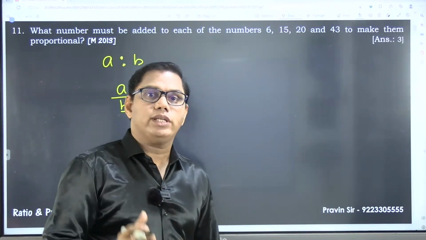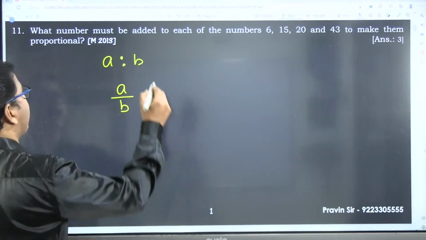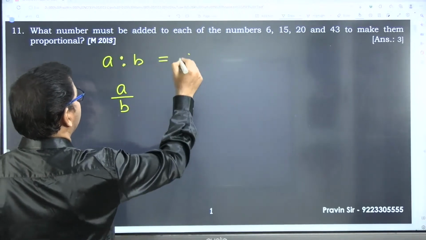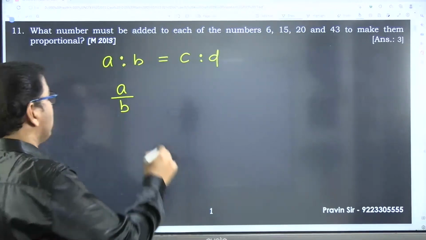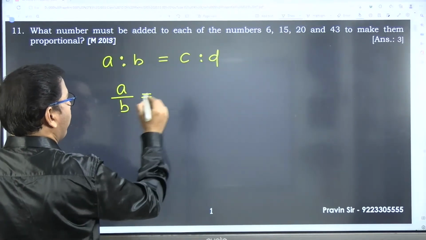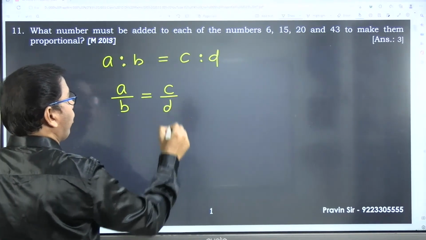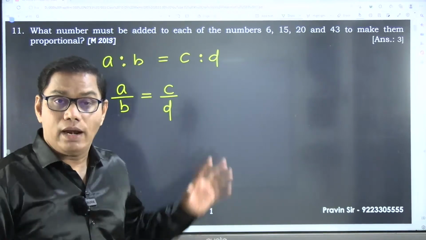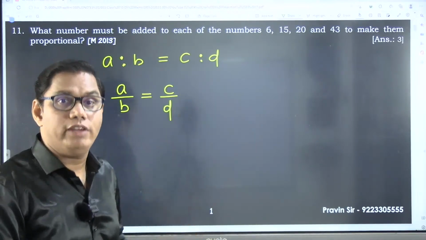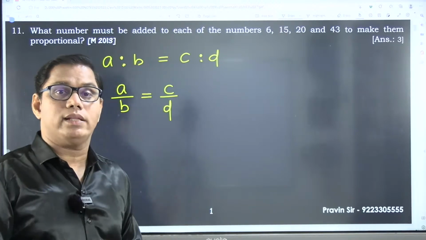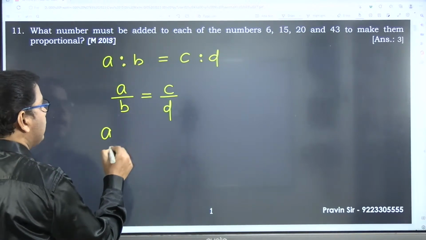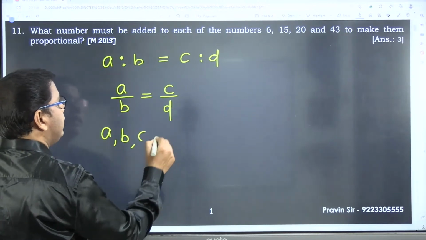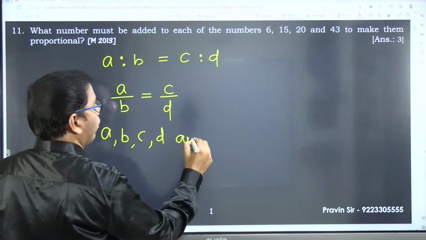Terms which we are using are A and B. If I say this ratio is equal to the second ratio, that is C is to D, this ratio A upon B is equal to C upon D, then when two ratios are equal, we say terms which are involved in this ratio, इस ratio के अंदर जो terms हैं like A, B, C, D, they are in proportion.